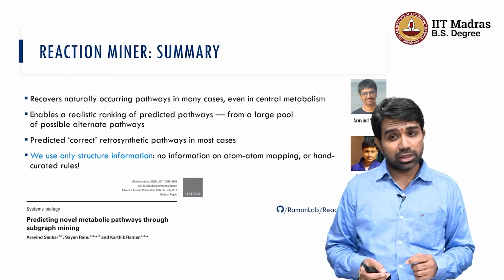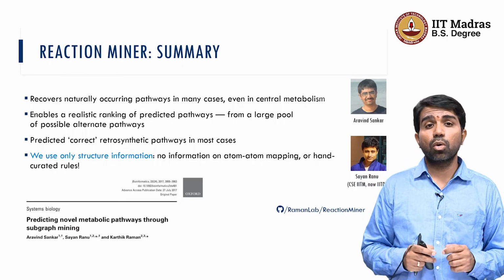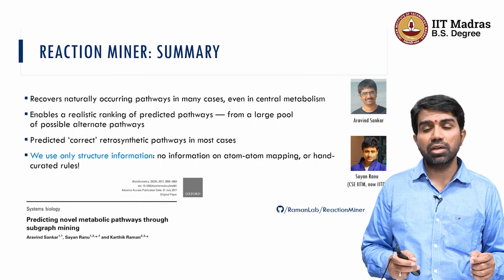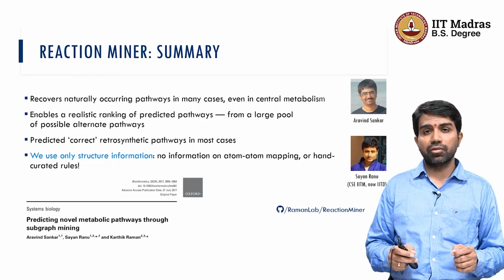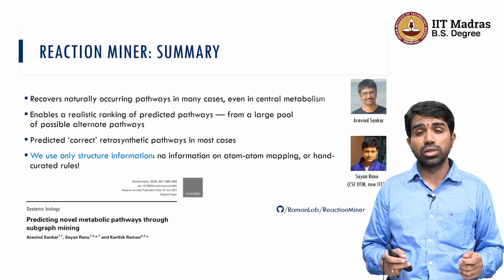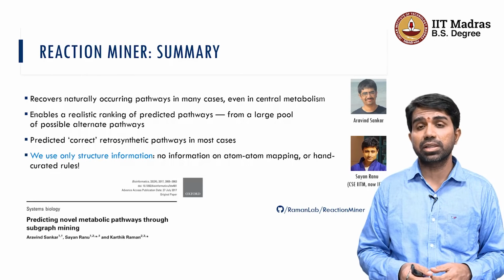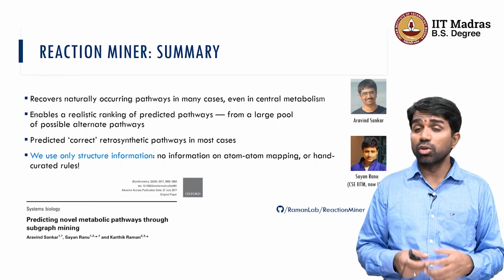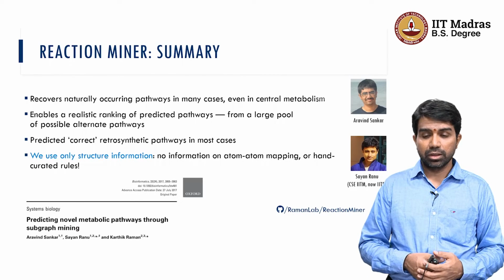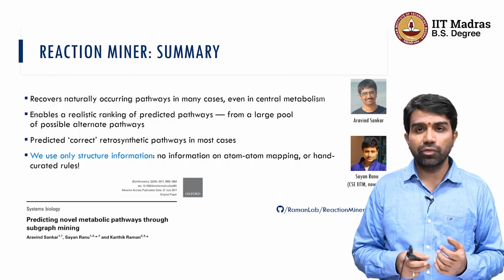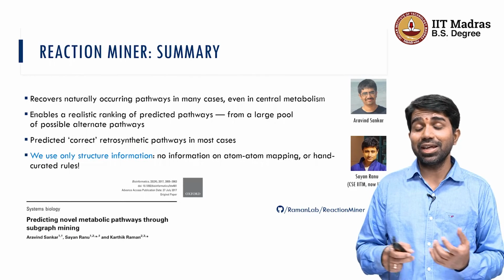The most important feature of our algorithm is that we used only structure information and no information on atom mapping or hand curated rules that are typically present in other databases and therefore leveraged by algorithms. No thermodynamic information either. So this became a very interesting application of network biology in a very different way, right?